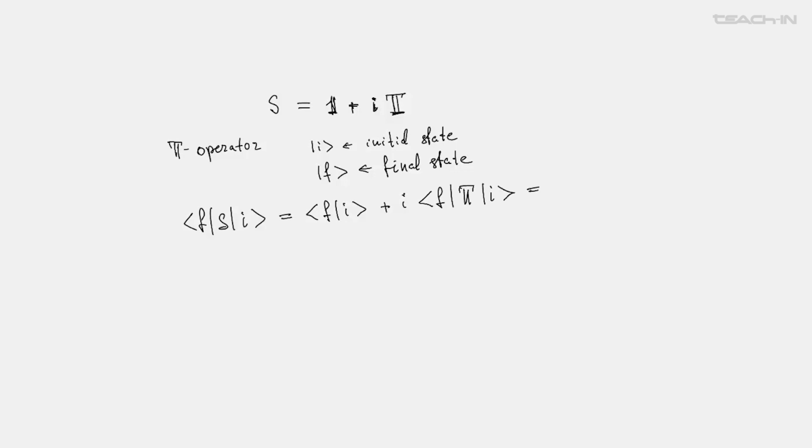So <F|I> plus i, and then from this matrix element of the T operator, one normally pulls out the four-dimensional delta function, which encodes the conservation law of energy and momentum: delta(K_final minus K_initial), where K_final here is the total momentum in the final state, and K_in is the total momentum in the initial state.